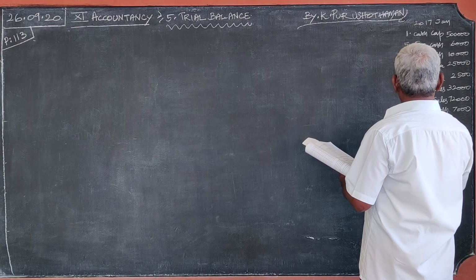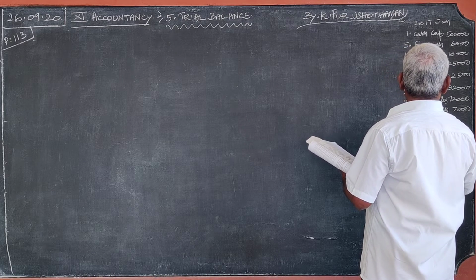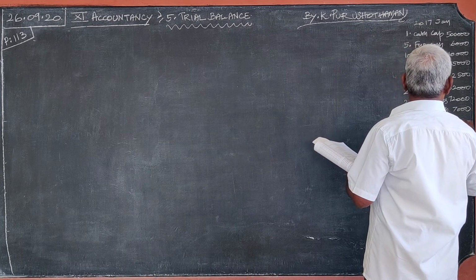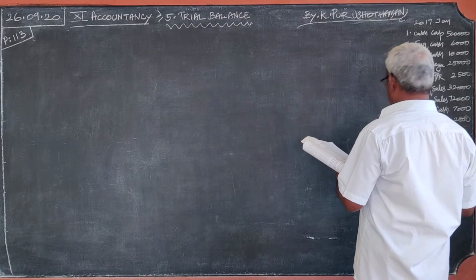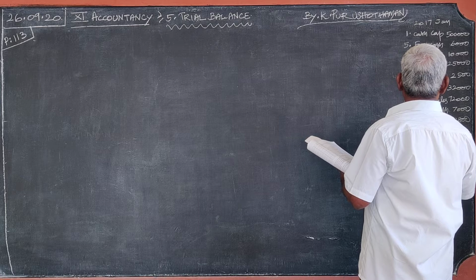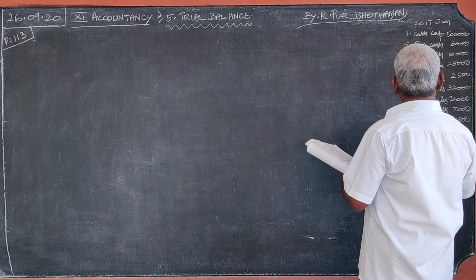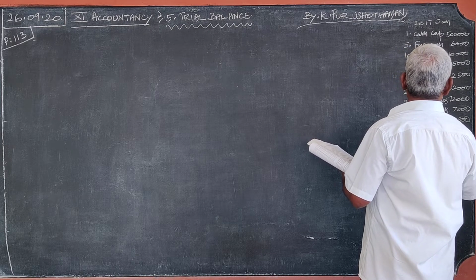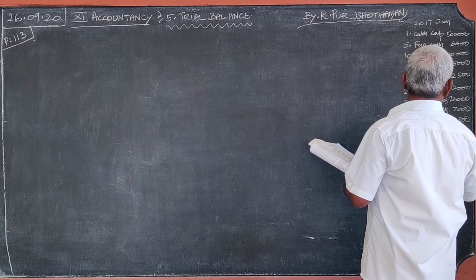Then on 31st, received commission, cash account to commission account 2,800. Then received cash from Elizabeth on the same 31st. Received cash from Elizabeth, therefore cash account to Elizabeth account. Amount is 22,000.